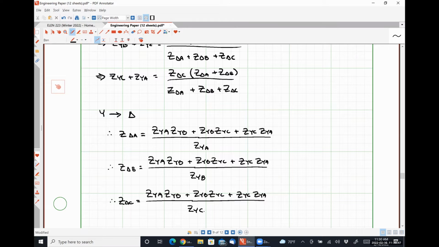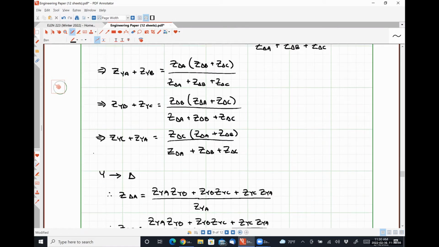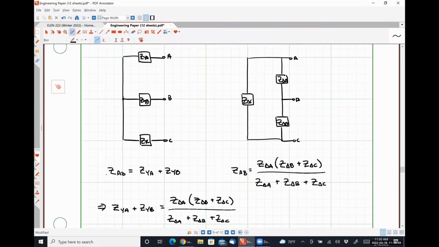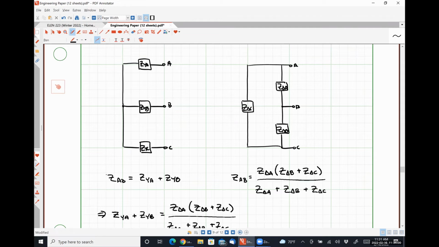So this is a Y delta conversion for impedances. To be clear here, let me scroll up. The impedances that we have found fall between the terminal pairs in the exact same way that I have drawn things up here.